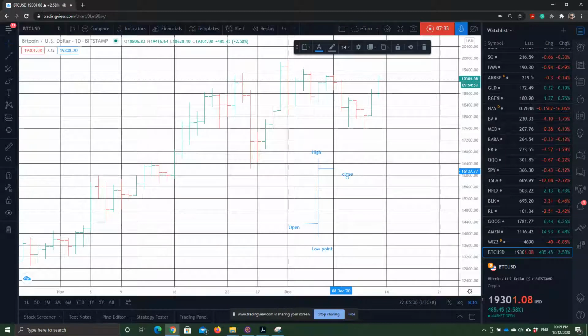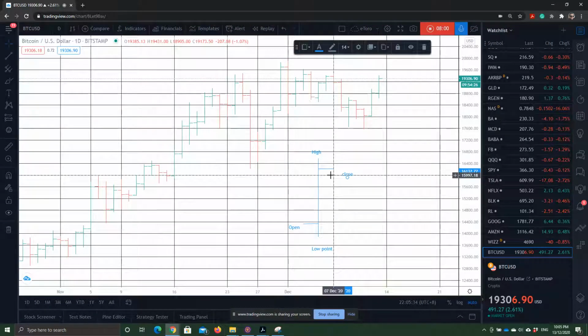Just to repeat once more, we have open, the little horizontal line on the left, at the opening price. Then we have close, the little horizontal line on the right-hand side.